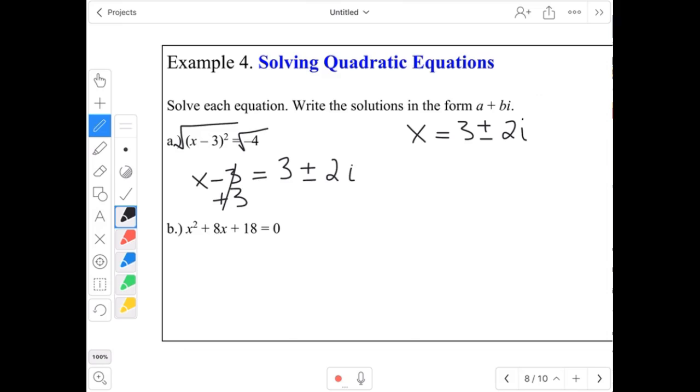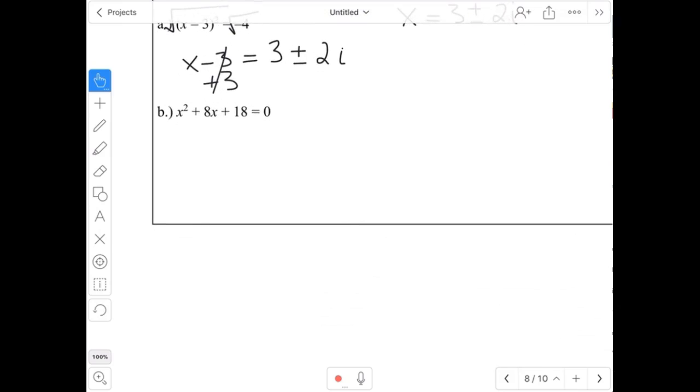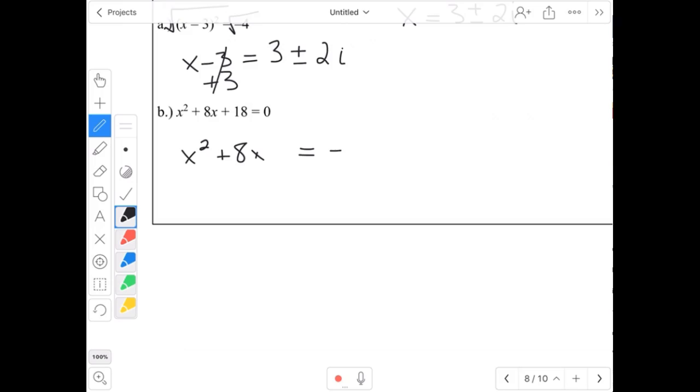Next, let's take a look at this. Looks like we should be completing the square. So I'm going to get rid of that 18. x squared plus 8x is equal to negative 18. I'll cut that 8 in half, so that'd be 4, and square it, so plus 16 to both sides.